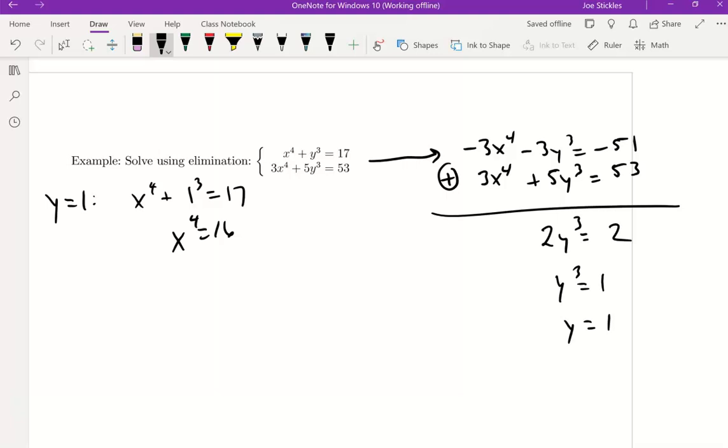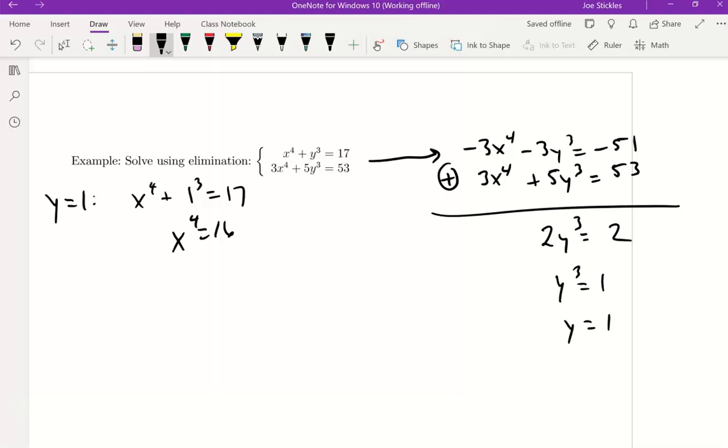What do we need to do to both sides now? Fourth root. Now, like I asked you in the previous, if we do the fourth root of both sides, do I need to worry about plus or minus? Yes, I think we do. Okay, good.